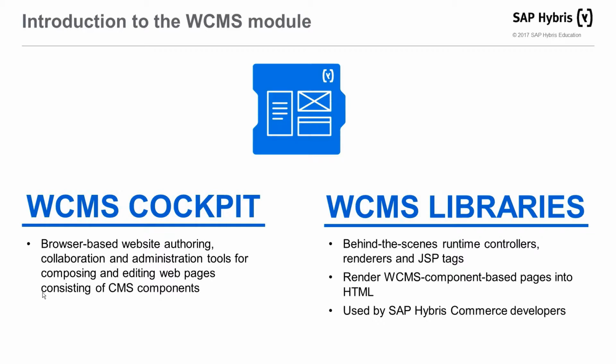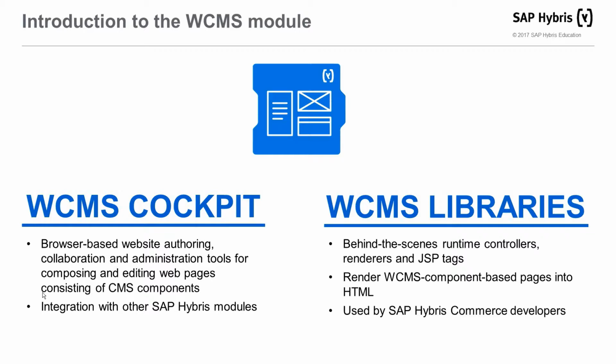One of the biggest benefits of building a particular page via the WCMS is that this framework integrates seamlessly with all parts of the SAP Hybris Commerce suite, so that it's easy to do things such as control the visibility of page components based on personalization rules, date ranges, or promotions.